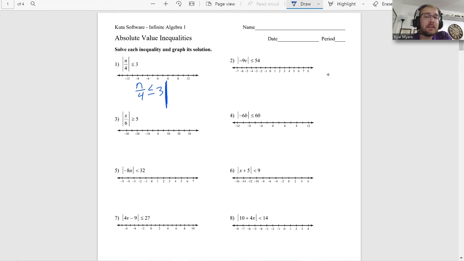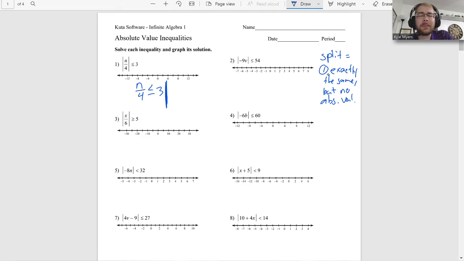Nothing happens, everything stays the same. When we split, one of them is exactly the same, but with no absolute value. All right, that one's the easy one.